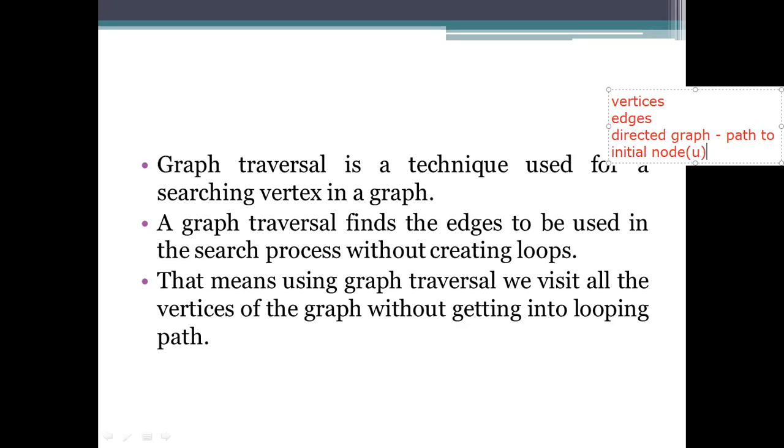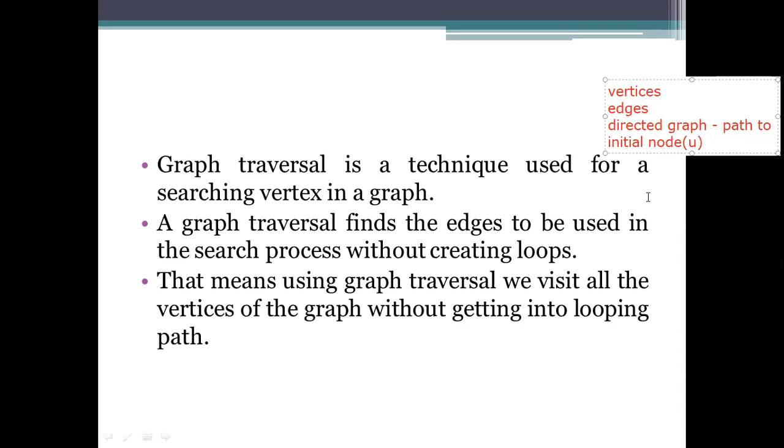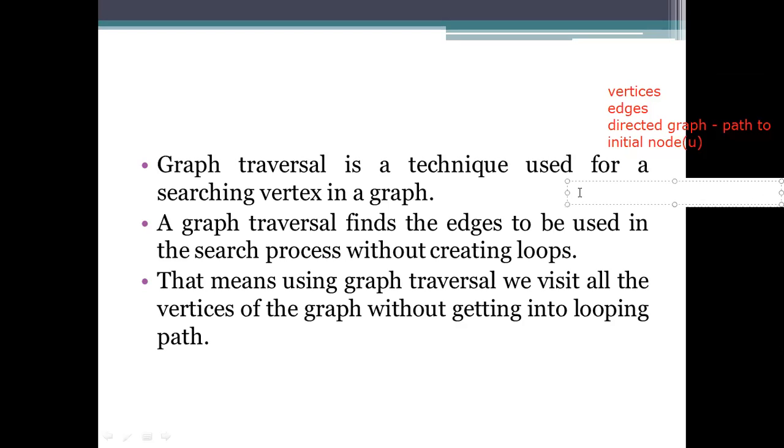We should traverse a path only one time, which means we should not take a path which consists of loops. Consider A, C, D, B, and then E. It consists of distinct vertices, so it is a valid path.